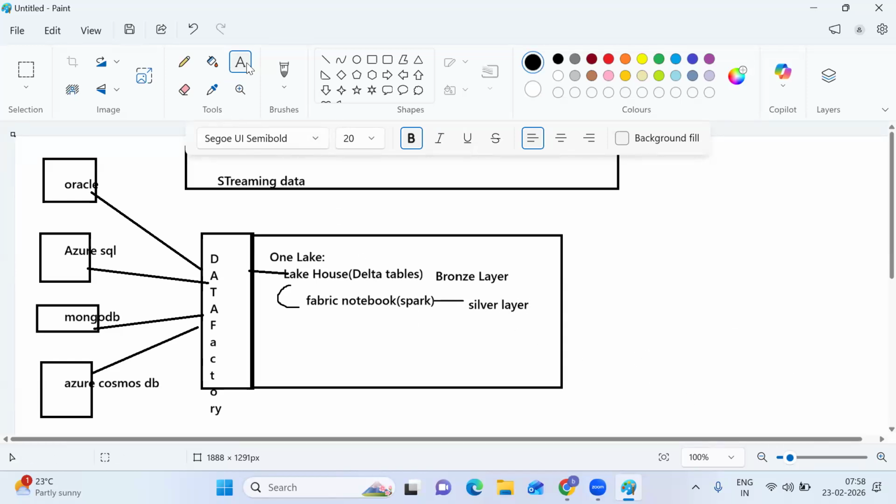After that again, you bring this silver layer into the Fabric notebook. Final results you are keeping into gold.